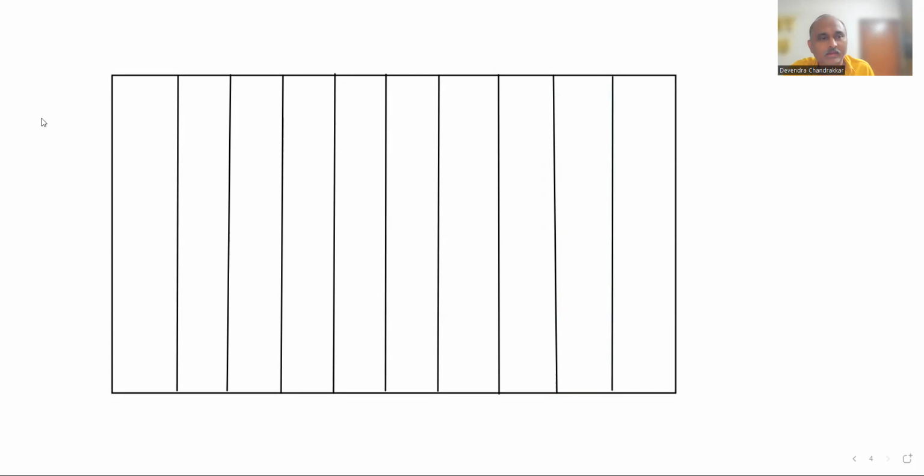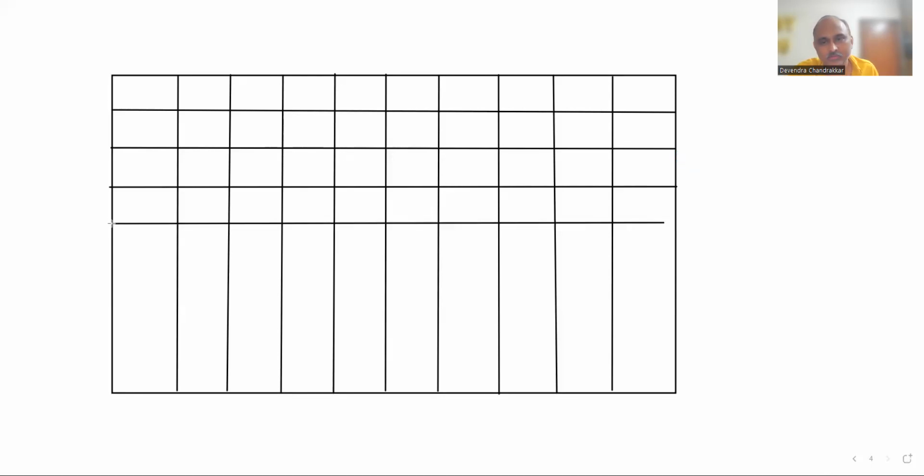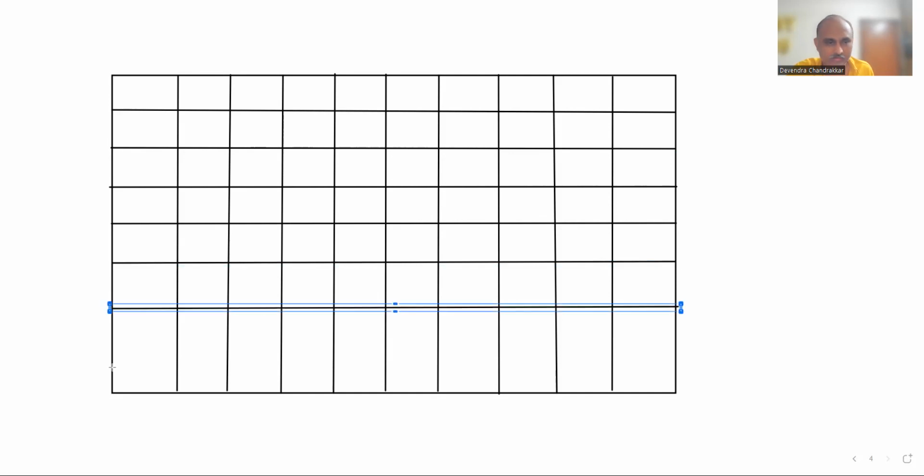So first we will be writing the values of sine, cos, tan, and cosec, sec, and cot for all the standard angles of the first quadrant and all the reference angles, right? So this is sine, cos, tan. This is cosecant. This is secant.